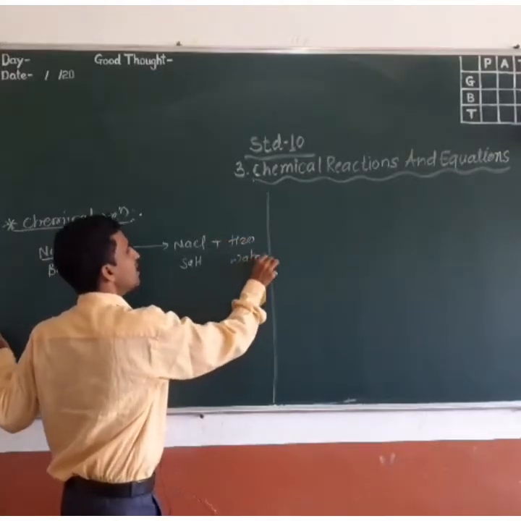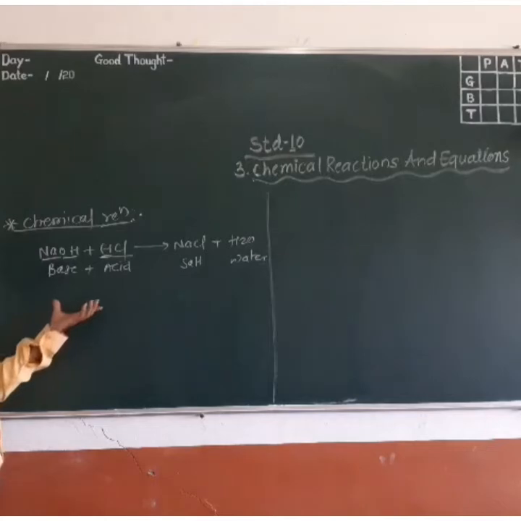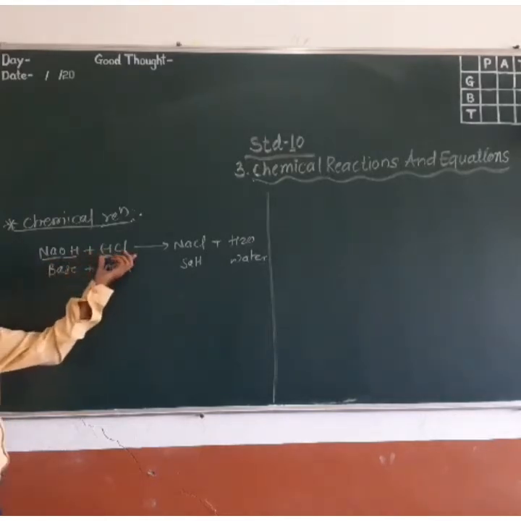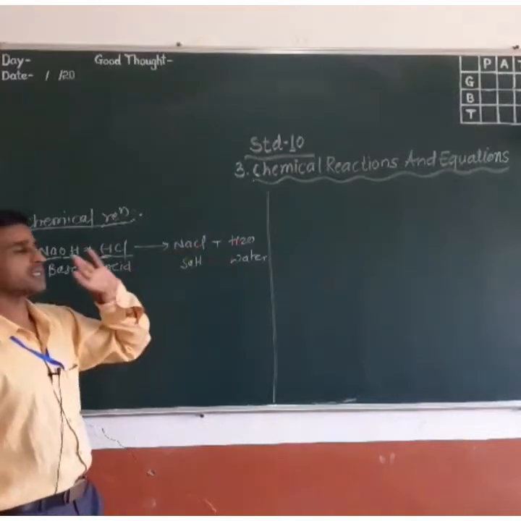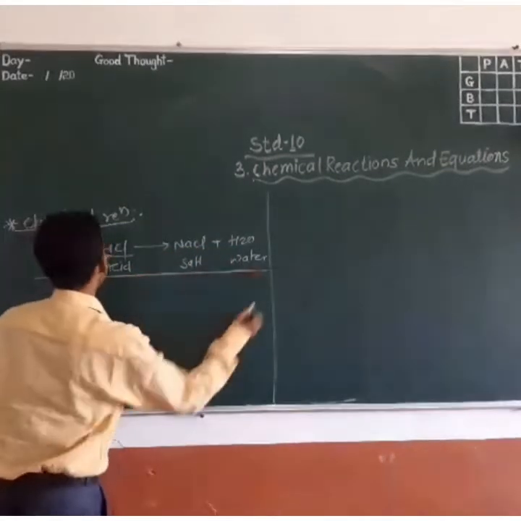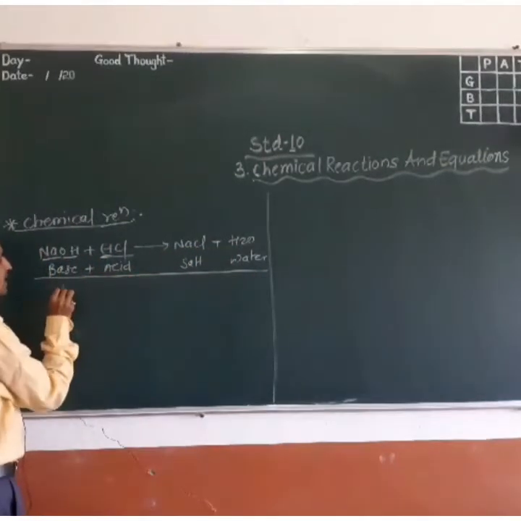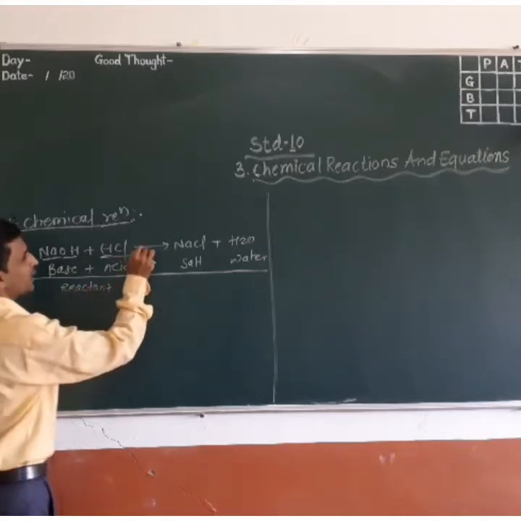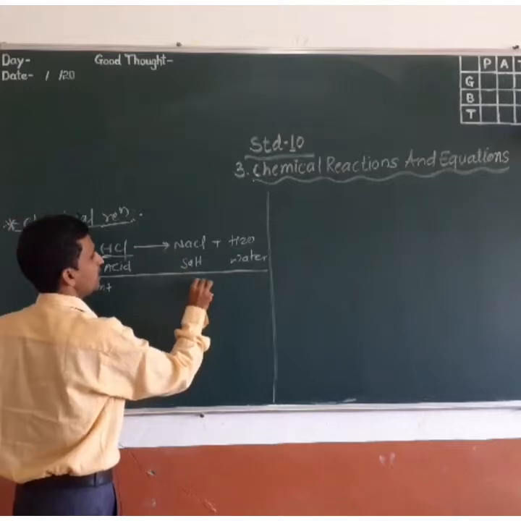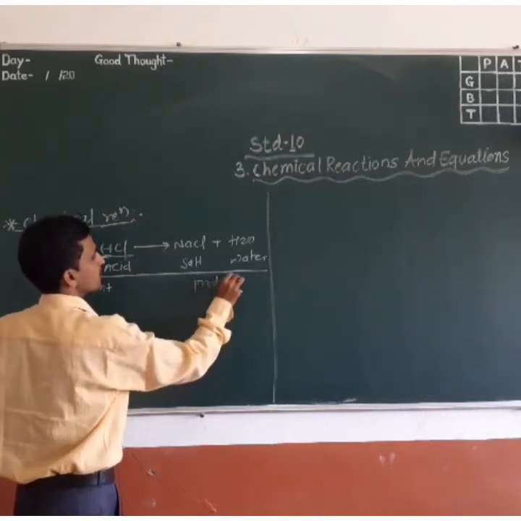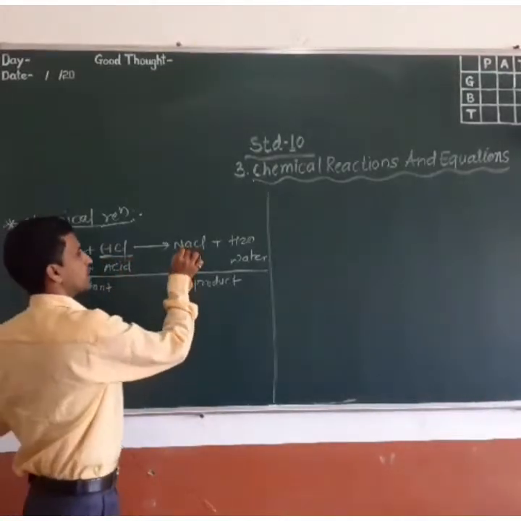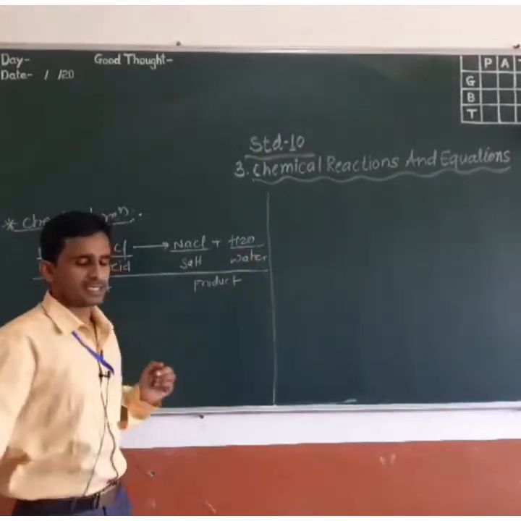This is an acid-base neutralization reaction: NaOH plus HCl to form NaCl plus H2O. This is a chemical reaction. The left side is the reactant and, after the arrow mark, the right side is the product. Reactants are NaOH and HCl and products are NaCl and H2O.